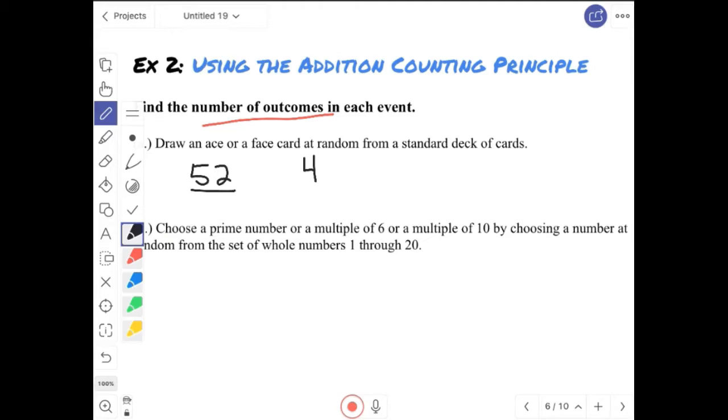And then each of those also have 3 face cards, because jack, queen, or king. So plus 3 different face cards between those 4 different suits. So every spade, club, heart, diamond would all have a jack, queen, or a king. So there's 12 there. So the total possible outcomes of this would just be our 4 aces plus our 12 total face cards, which would be 16.